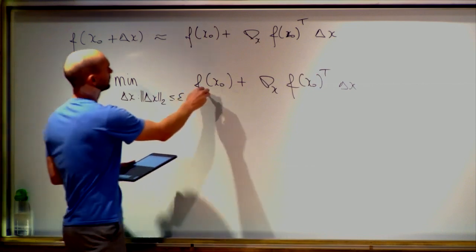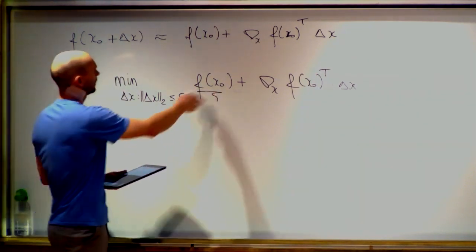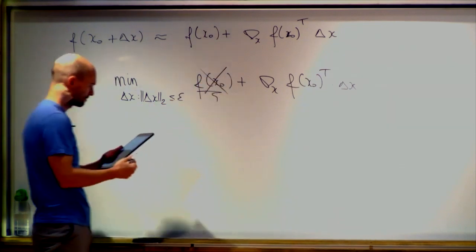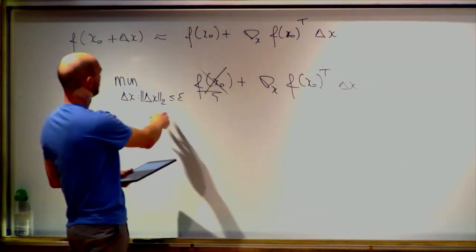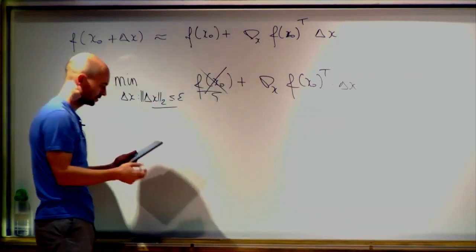Now this thing here has no delta x in it, so the minimization is not affected by this term, so we can just get rid of it. So we're really trying to find the delta x that minimizes this thing while your delta x has to be small.